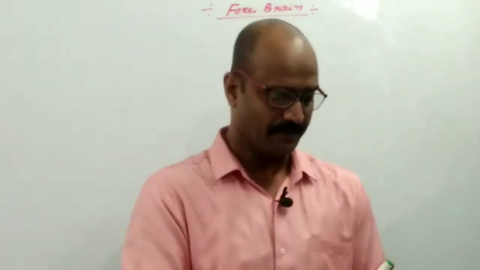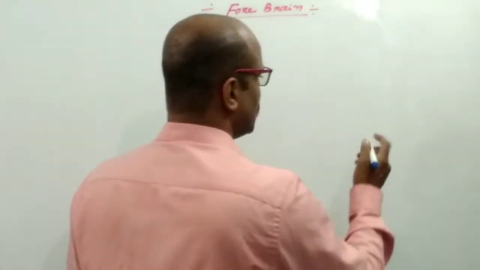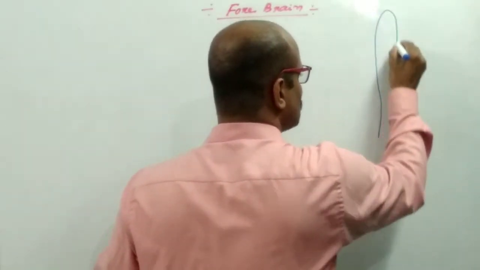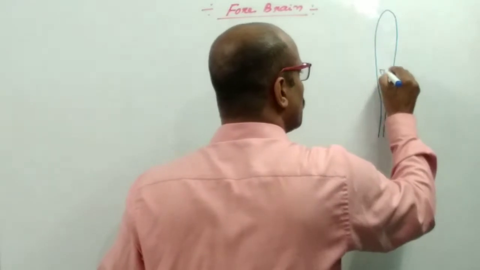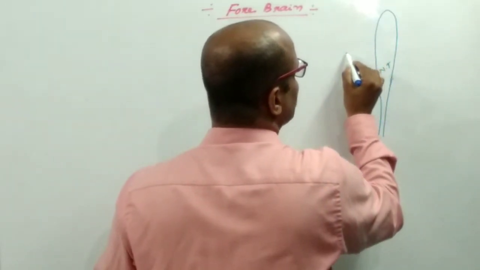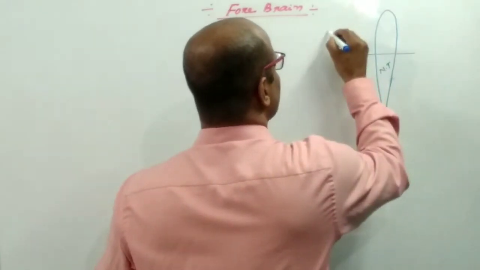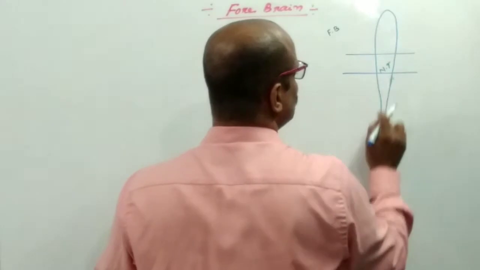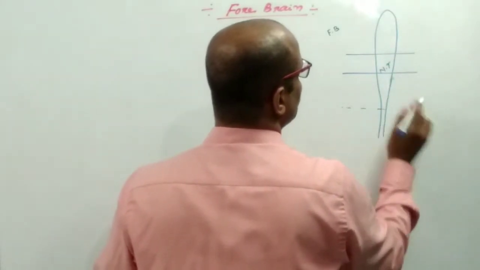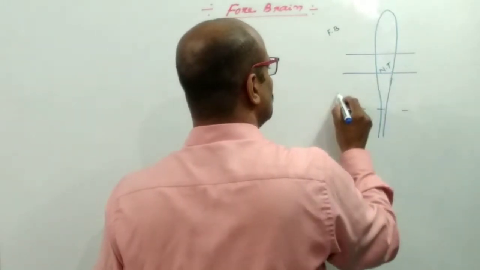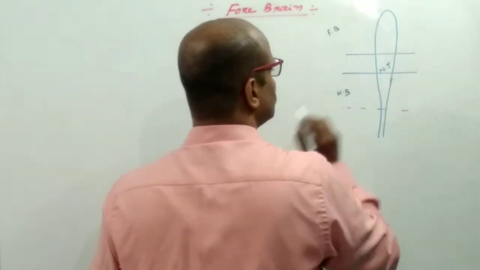the hindbrain. Suppose that this is the neural tube. The development of the brain takes place from this tube, which is known as the neural tube. The anteriormost portion of the neural tube differentiates into the forebrain, and the posterior portion develops into the hindbrain.